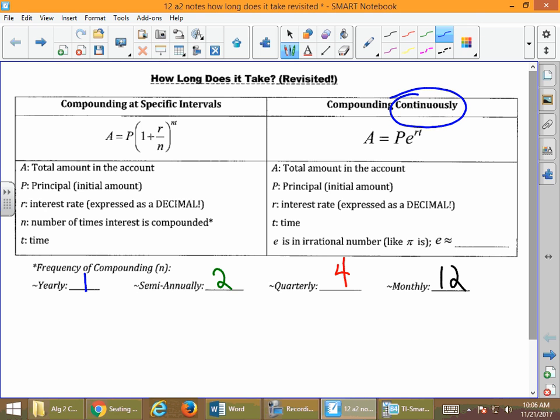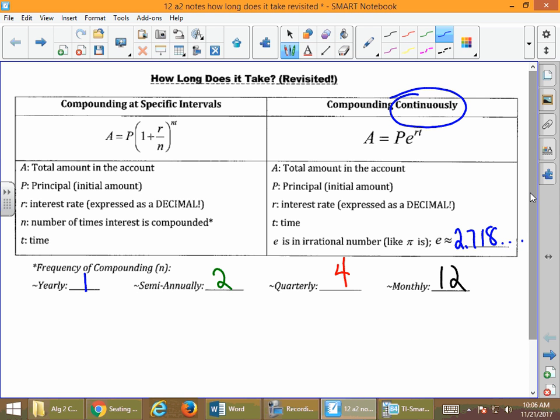A is still the total amount, P is still the original amount, R is still the interest rate, T is the time. We don't have N in this formula. And then E, if you recall, is a number on your calculator. It's 2.718. It's just a button that's on our calculator.